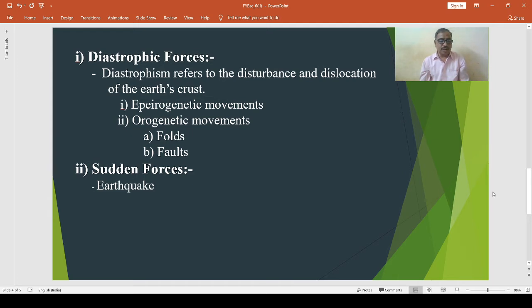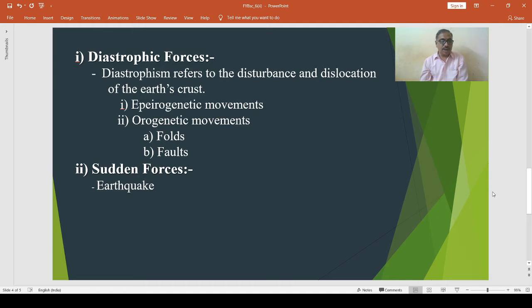These diastrophic forces and movements are further subdivided into two groups, and these are epeirogenetic movements and orogenetic movements. Epeirogenetic movements are vertical movements.